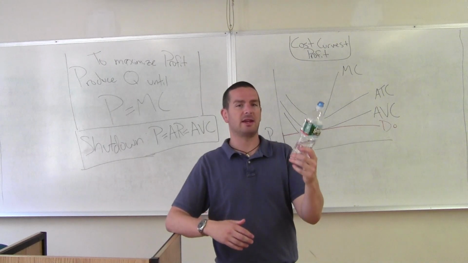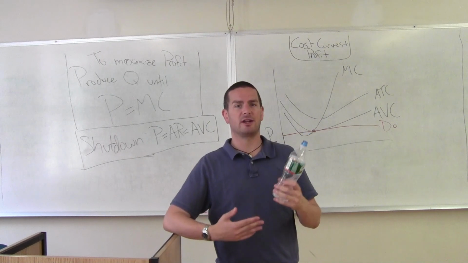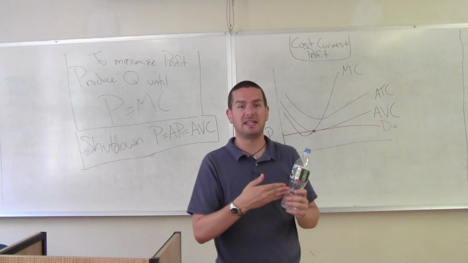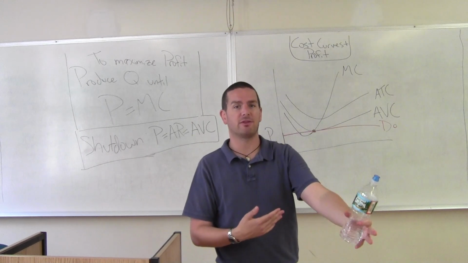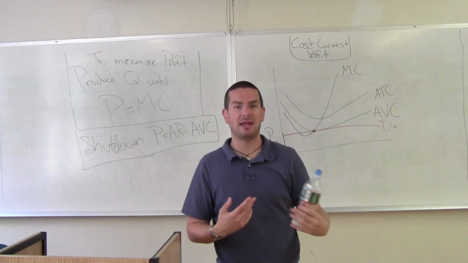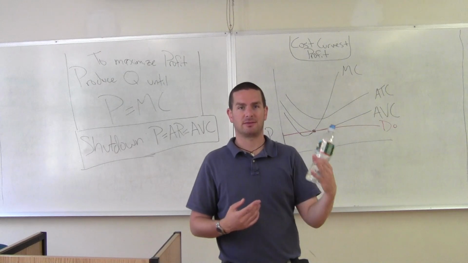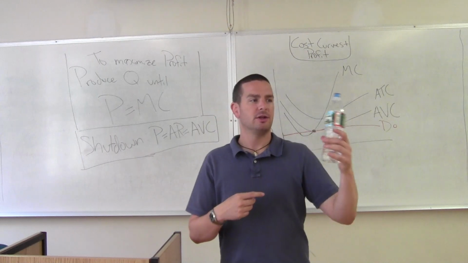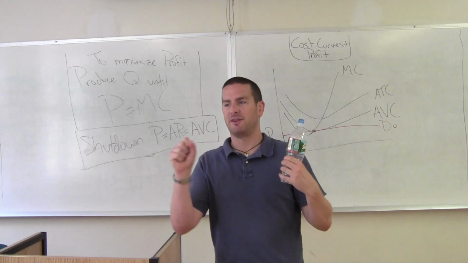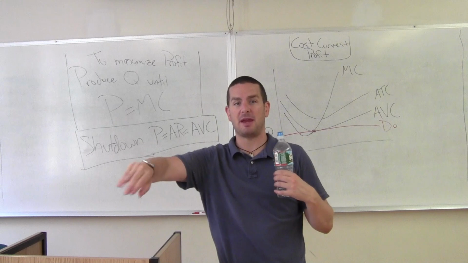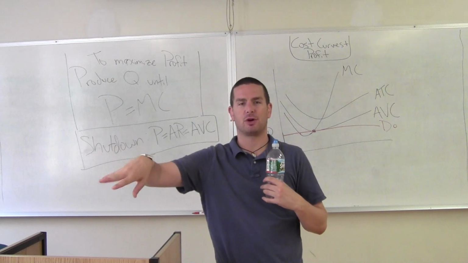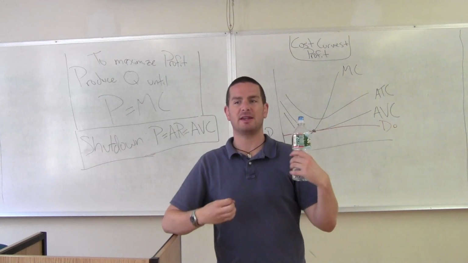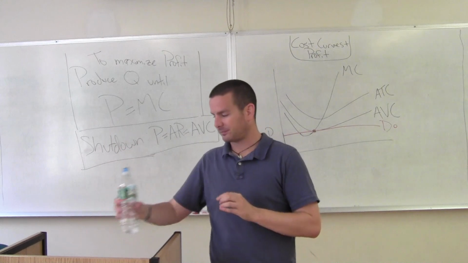Well, let's say that the price has gone up from 10 cents to 15 cents. For every water bottle I sell, I'm making 15 cents. That's my average revenue per water bottle. So it's 15 cents in, 15 cents out to pay my workers, the average variable costs.